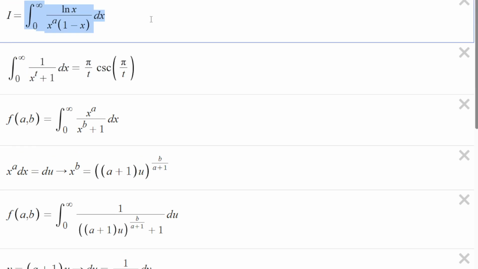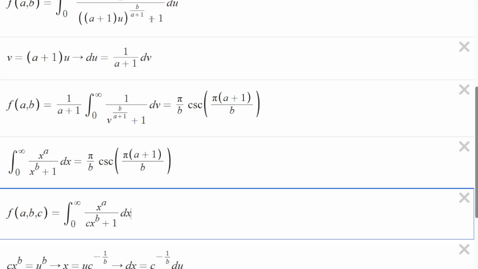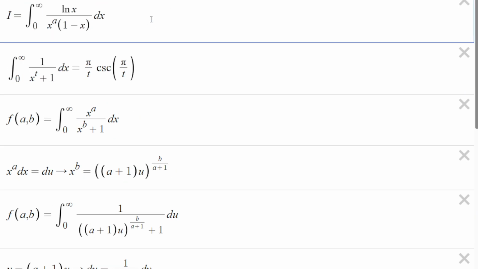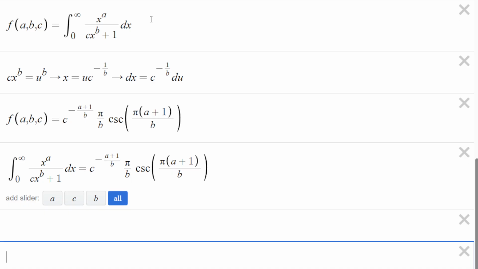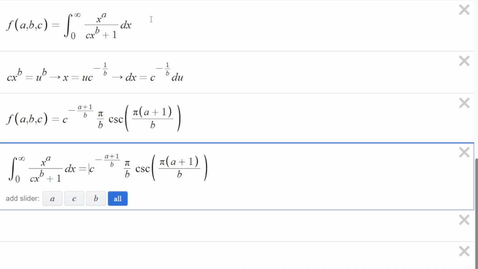Because we actually have a negative a in our original integral. And I'll put that up here. I is equal to this, but it's also equal to this, x to the negative a.